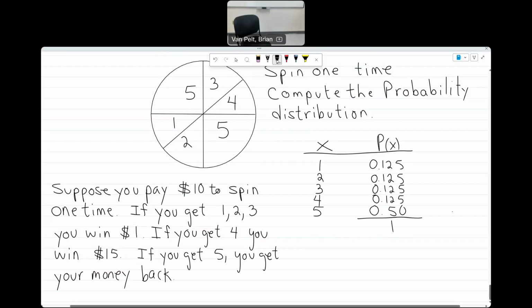All right, suppose you play this game. I'm making it up on the spot, so I certainly hope it works out in the end. If you're playing this game, it's a weird game because you're only going to win $1 if you get 1, 2, or 3.